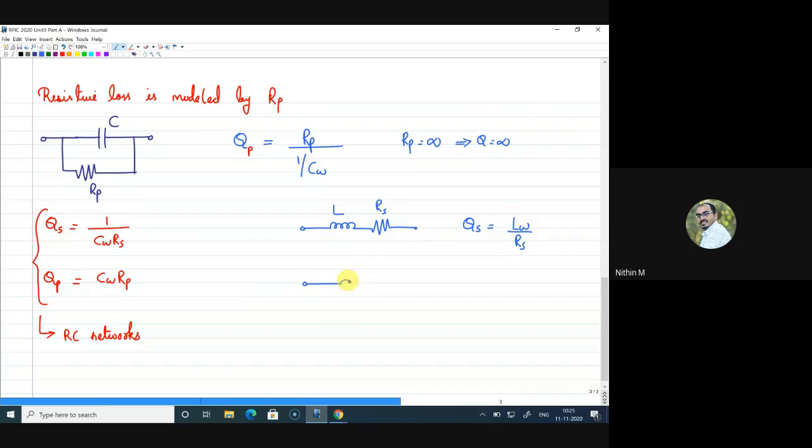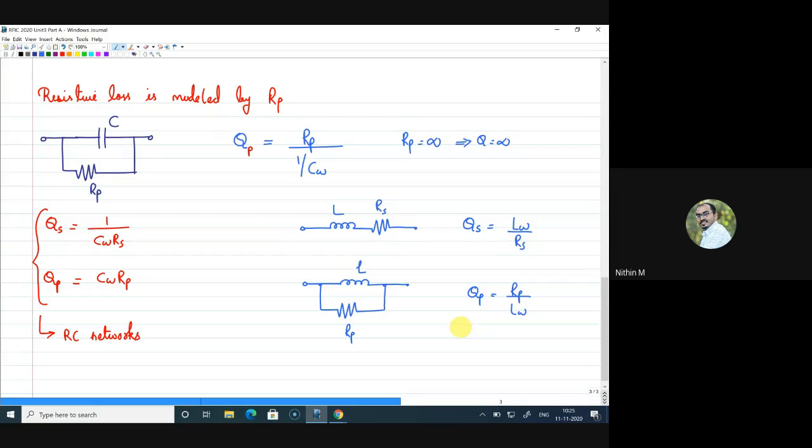Similarly, if I consider this resistance as a parallel component, this is Rp and this is L. I can write this Qp as Rp by L omega. Here, to make the circuit free from Rp, Rp should be open, Rp is infinity, then your Q factor will be infinity.